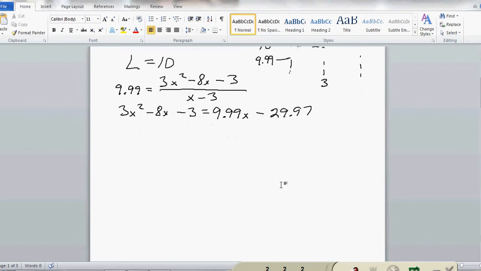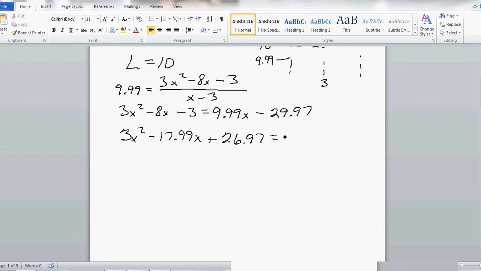Now we're going to subtract 9.99x and add 29.97, and we get 3x squared minus 17.99x plus 26.97 equals 0. And if we plug this into the quadratic formula, x equals 2.9967.